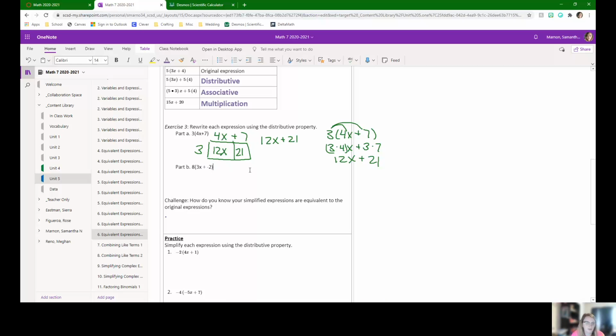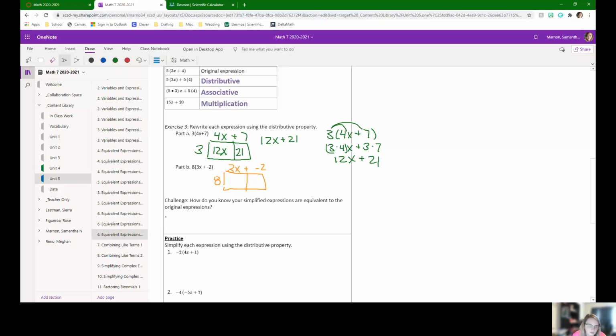Okay, so I'm going to help you now. So we're going to do an area model first, and then we'll do it just algebraically. So let's draw out my rectangle. We have 8 times 3x plus negative 2. So this is my 8. This is my 3x plus negative 2. Split it right at the plus. 8 times 3x and 8 times negative 2.